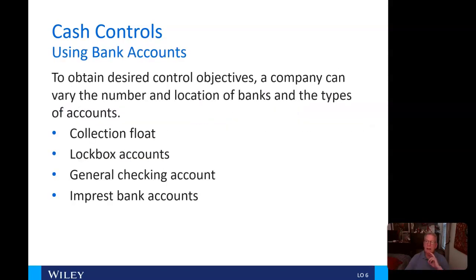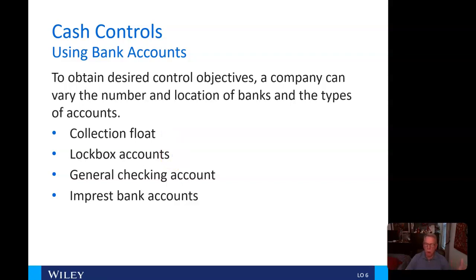So as we look at that, we're going to be using bank accounts to obtain the desired control objectives. A company can vary the number and location of banks and the types of accounts. And we have collection, float, and lockbox accounts, which are very nice.